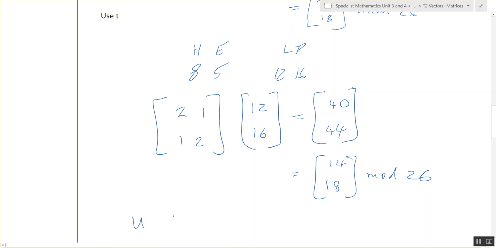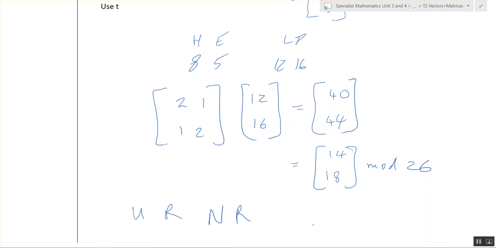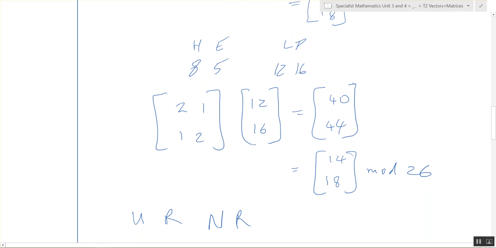A, B, C, D, E, F, G, H, I, J, K, L, M, N, O, P, Q, R. I, N, R, right? So see how they're both R's? The reason they're both R's is because when you pair the letters, the first letter affects the second letter.